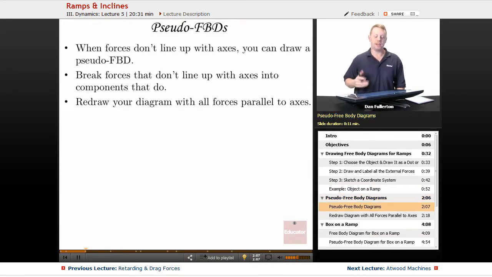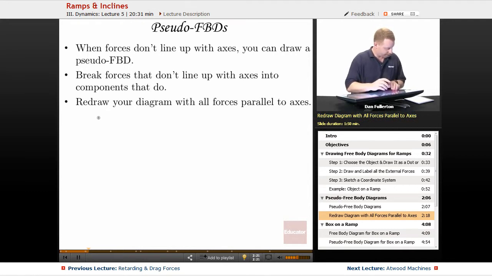Now, when the forces don't line up with the axes, we can draw that pseudo-free body diagram where we break some of those forces up into their components. Then we redraw our diagram with all forces parallel to the axes. So if we had something like, well, let's draw it again, our free body diagram with our axes, x and y, and I'm just going to show how the angle of our plane is the same as the angle of our ramp there.